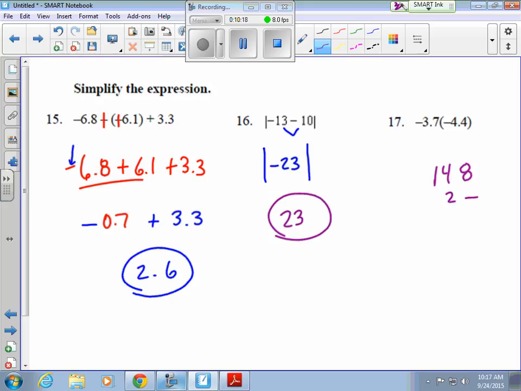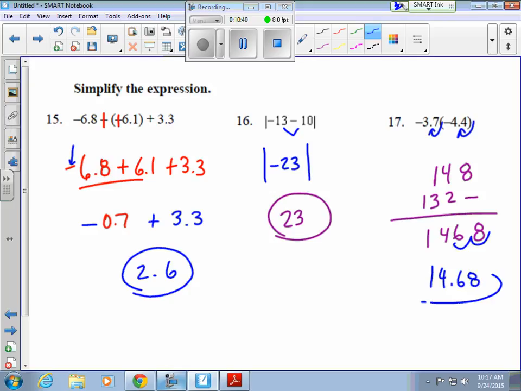Carry your 1 again. 3 times 4 is 12 again, plus another one, which is 13. When we put all this together, we have 8, we have 6, we have 4, and we have 1. This tells us to move the decimal once. This tells us to move it twice. Once, twice. Once, twice is 14.68. Again, check to make sure a negative times a negative is a positive 14.68.